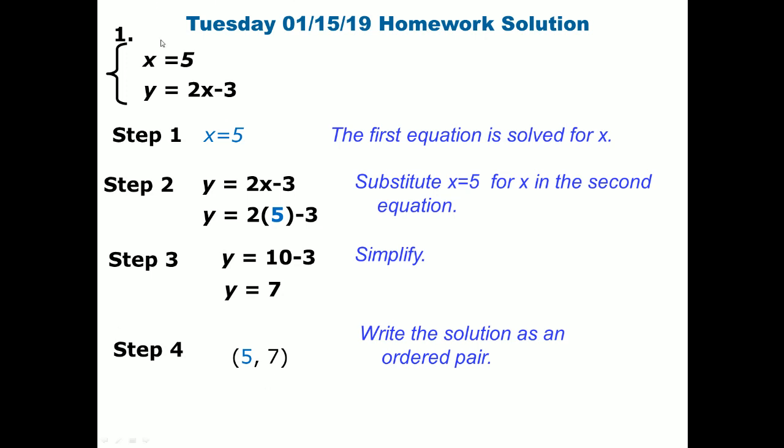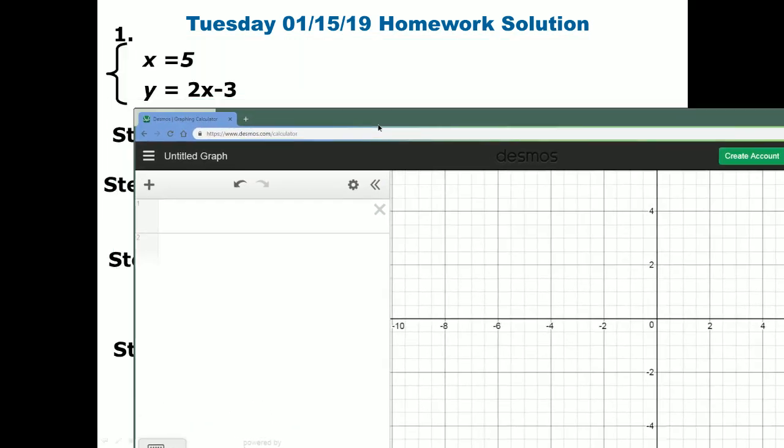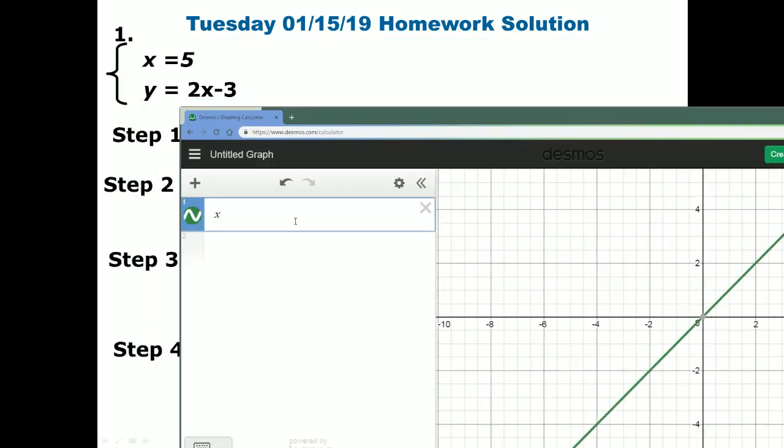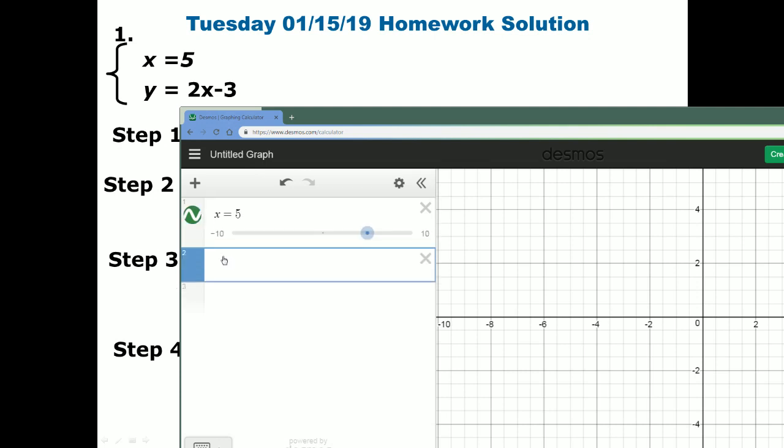Okay? If you graph this, the solution should also be an ordered pair. Okay? So let me show you here. X equals 5. And what is this?